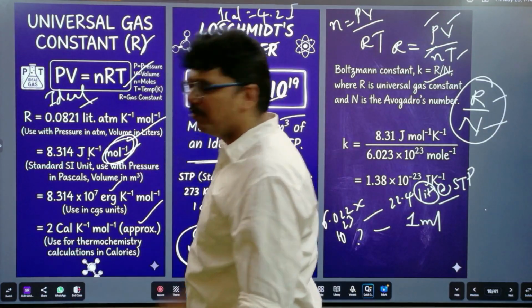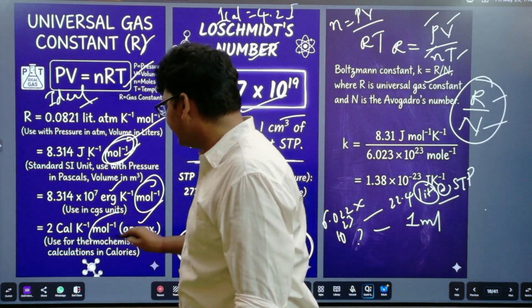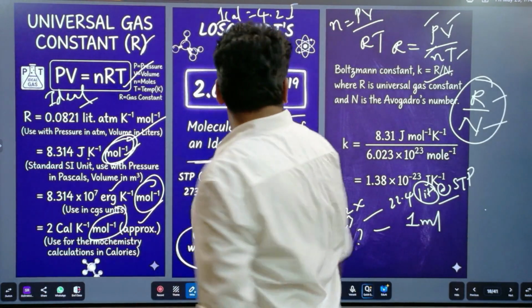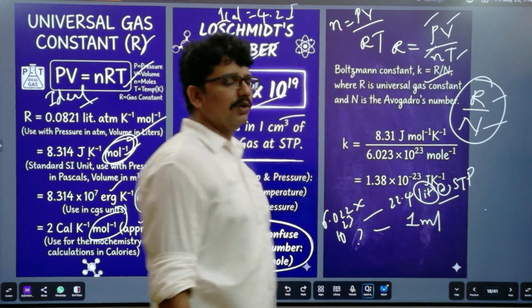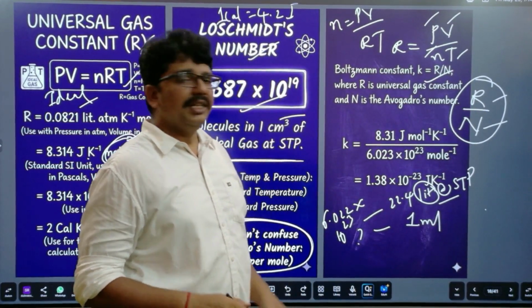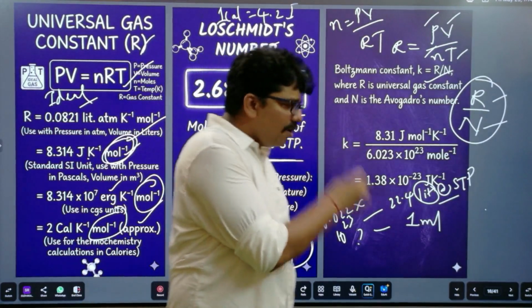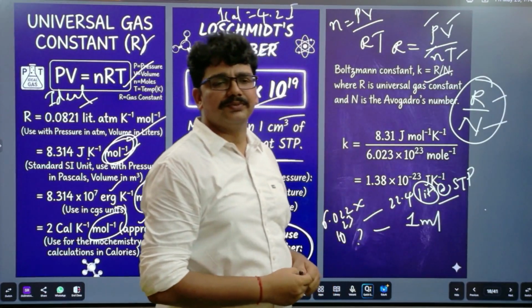This constant is per 1 mole of gas. Here, this is divided by the Avogadro number of molecules, which means this is per molecule. Universal gas constant per single molecule is the Boltzmann constant.